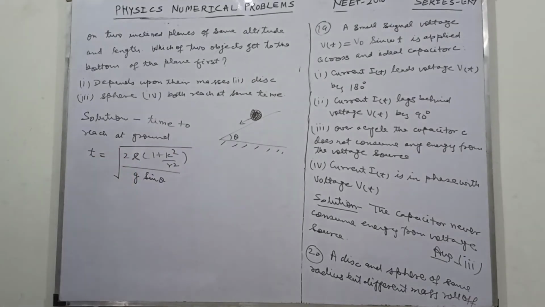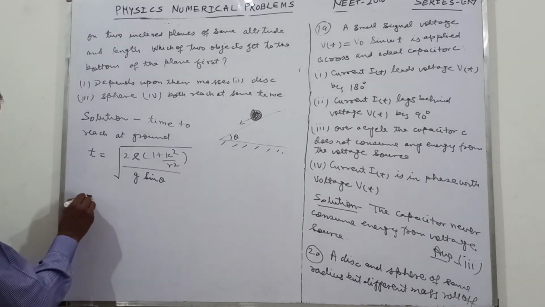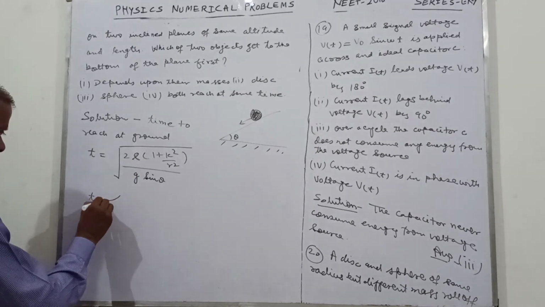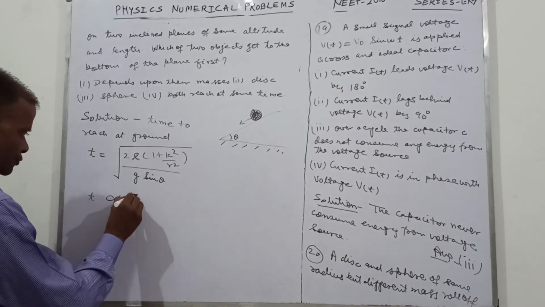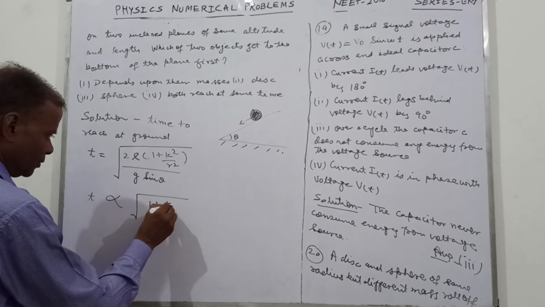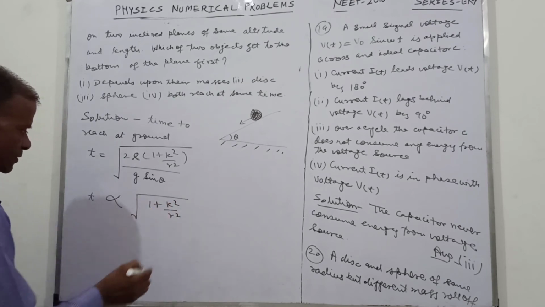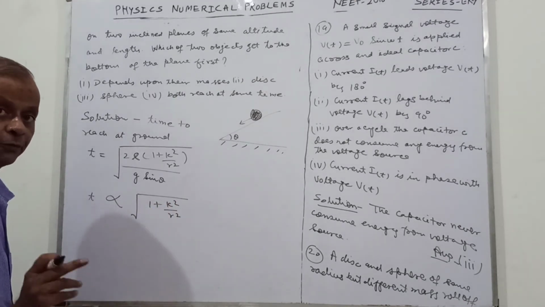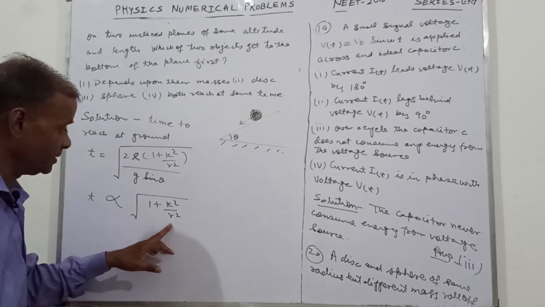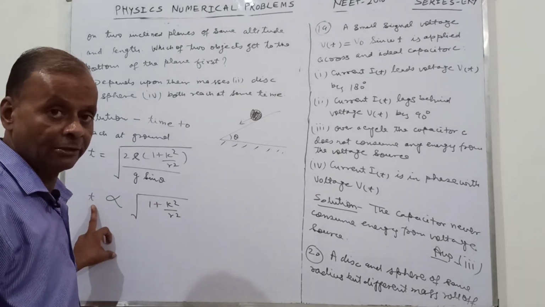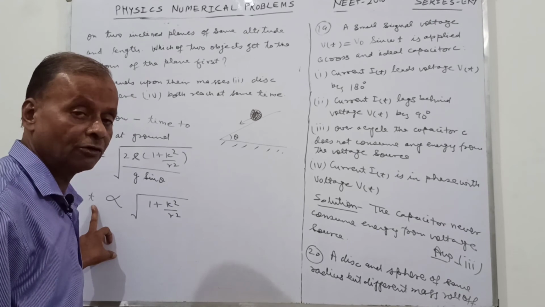Now you are given L is constant, sin theta is also constant. So what do we have left? T is proportional to square root of 1 plus k squared upon r squared. So the body for which k squared upon r squared is small, t will be small. So that will reach first at the ground.